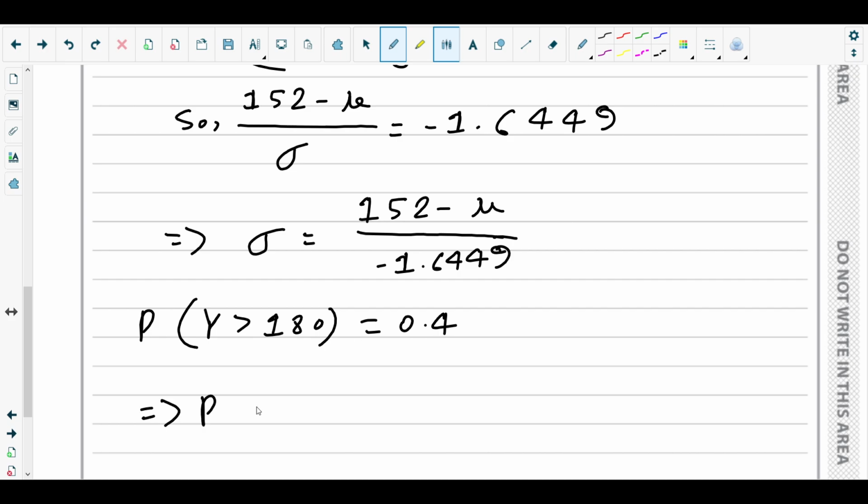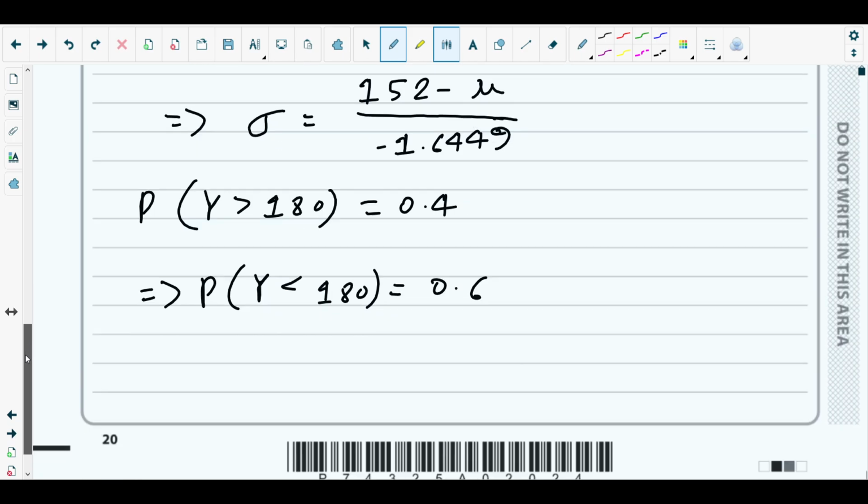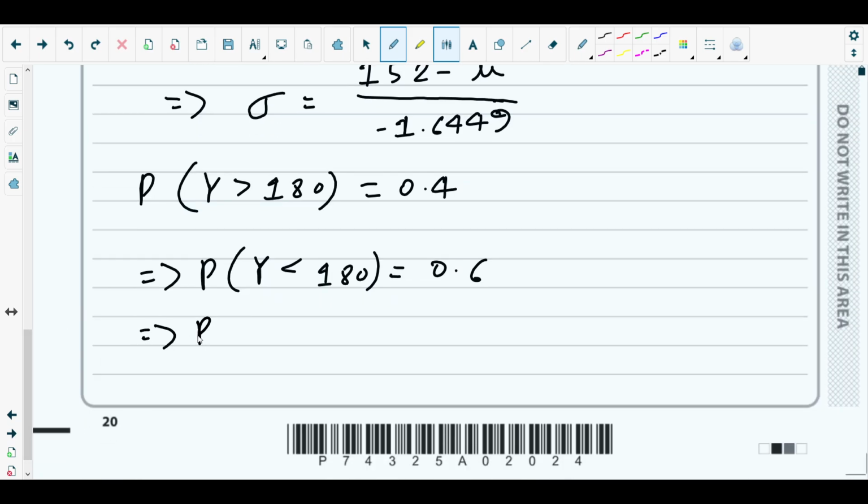So if I make it less than, Y less than or equal to 180 would be 1 minus 0.4, which is 0.6. So now standardize. The probability of Z less than or equal to 180 minus the mean over the standard deviation is equal to 0.6.